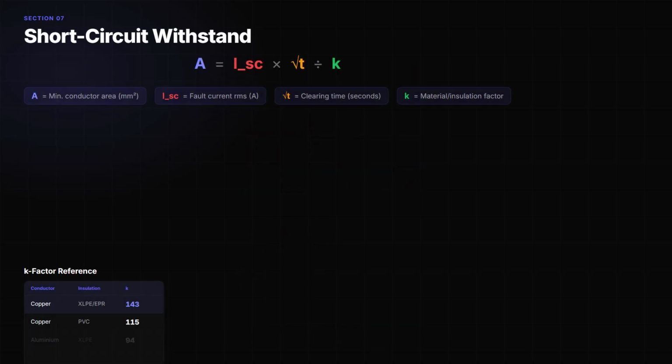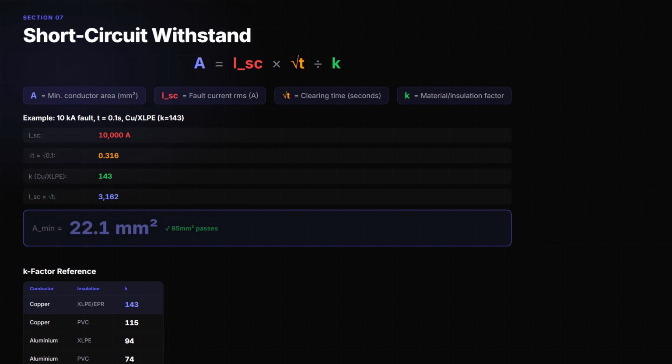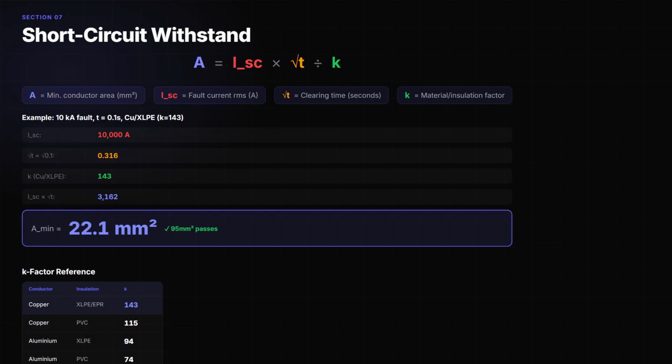The minimum cable cross-sectional area for short circuit withstand is calculated using the adiabatic equation. A minimum equals the prospective short circuit current, multiplied by the square root of fault clearance time, all divided by the K factor. The K factor encapsulates the conductor material, insulation type, and initial temperature.